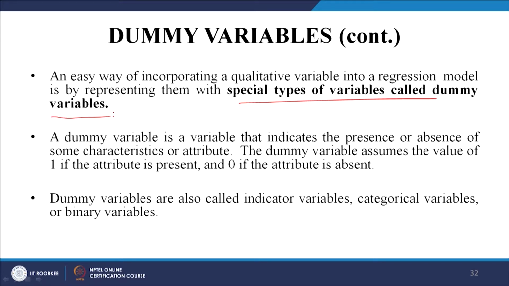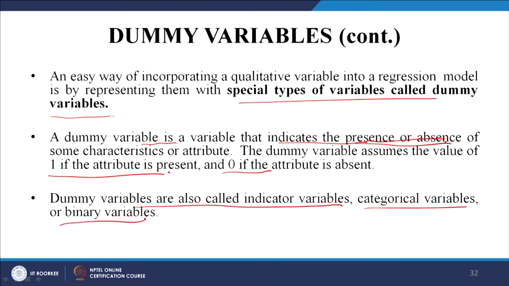A dummy variable is a variable that indicates, very simply, the presence or absence of some characteristic or attribute. The dummy variable assumes the value of 1 if it is present, 0 if it is absent, that is all. Dummy variables are also called indicator variables, categorical variables or binary variables because of their property.